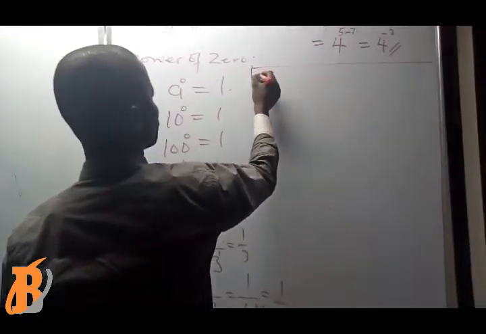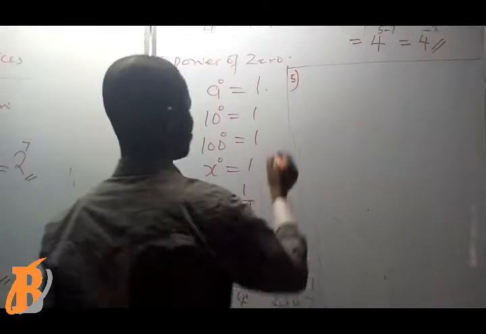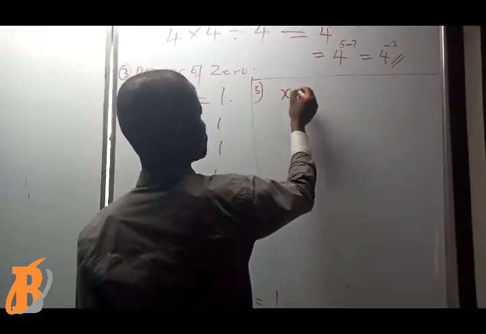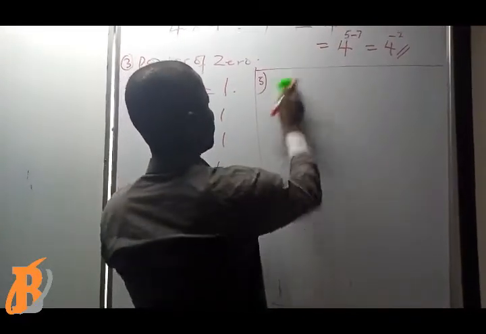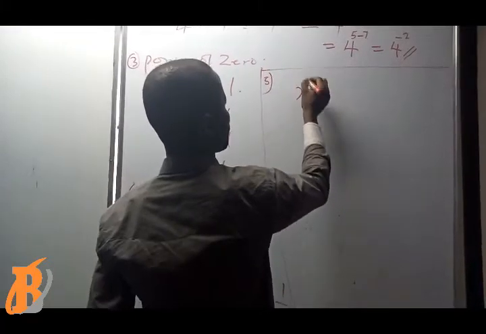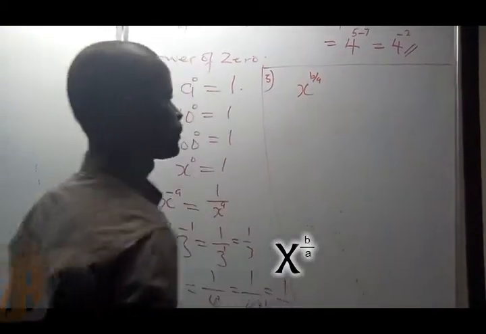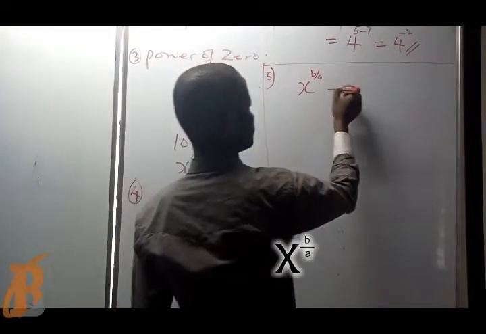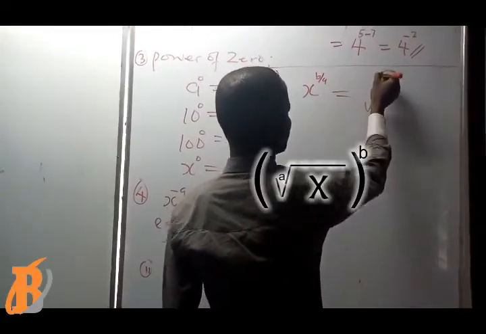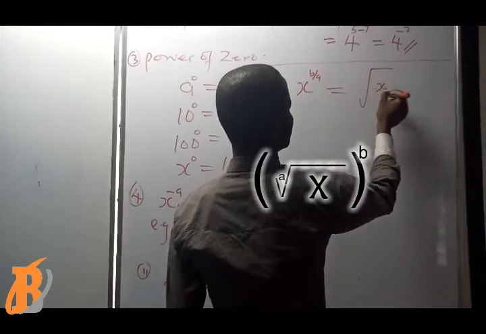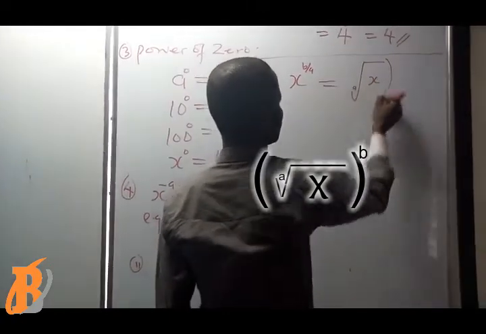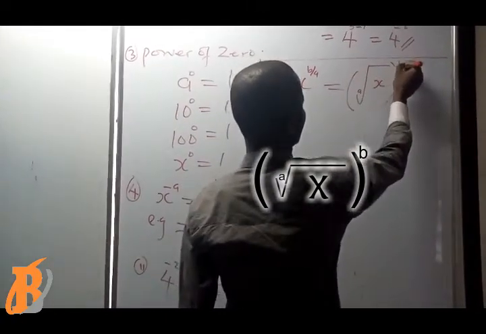Fifth law. When you have x raised to power b over a, it is the same thing as the a-th root of x, to the power of b.